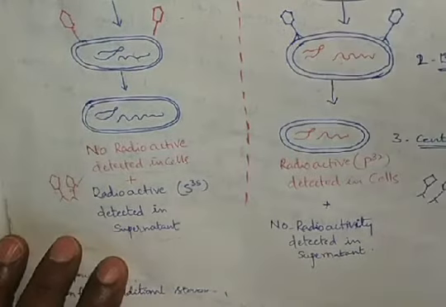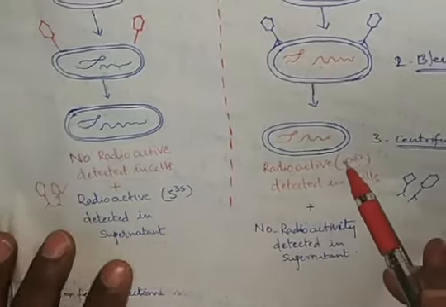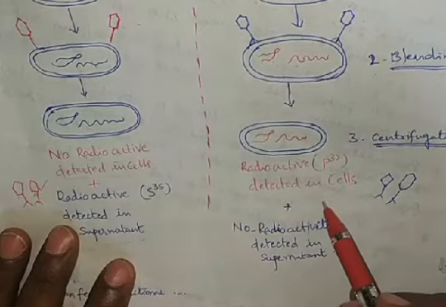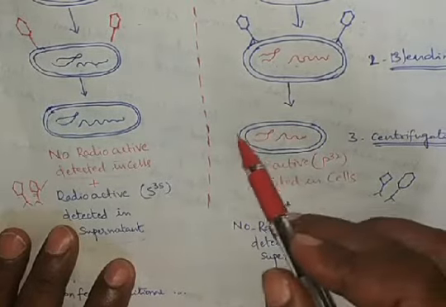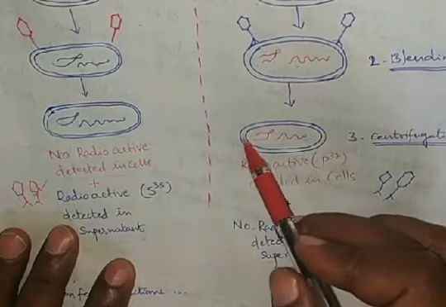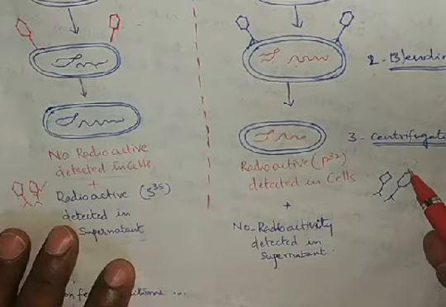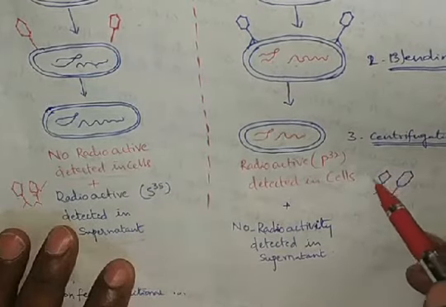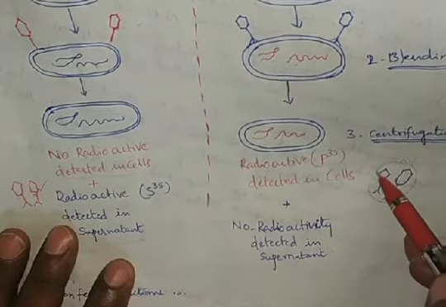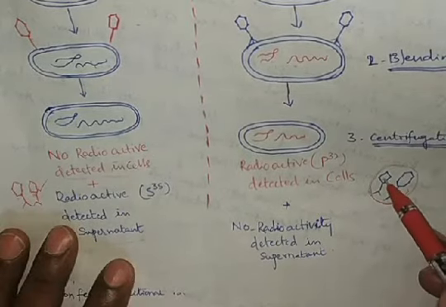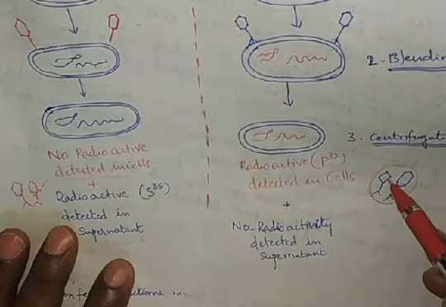In the case of this, in centrifugation, radioactivity is seen inside the bacteria. Radioactivity is seen inside the bacteria, not in the supernatant, which contains the coats of the bacteriophage virus.